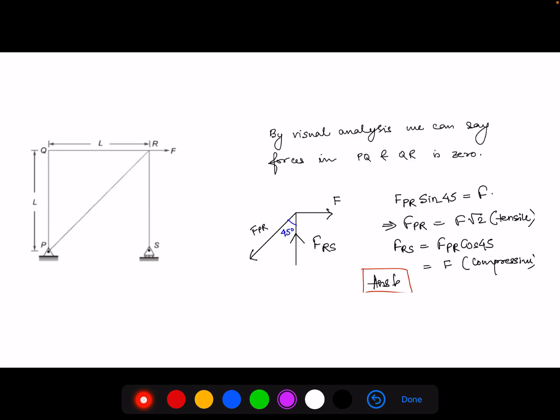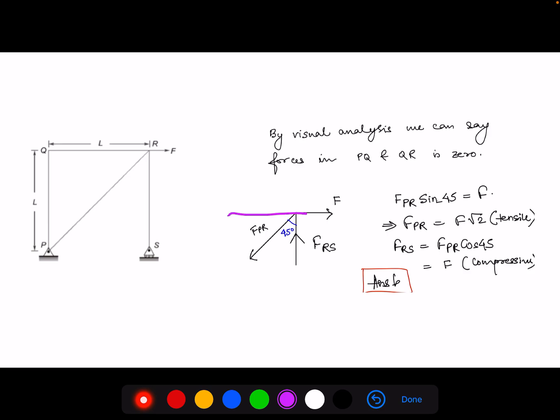Now you can simply resolve the forces. Okay, you can again use Lami's theorem here. You have to simply shift FRS here. From here, just shift it here, right? FRS, and then you can use Lami's theorem. Okay, I have shown one question using Lami's theorem, so I am showing this question using resolution of forces.